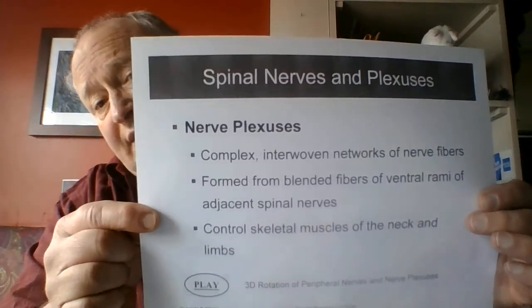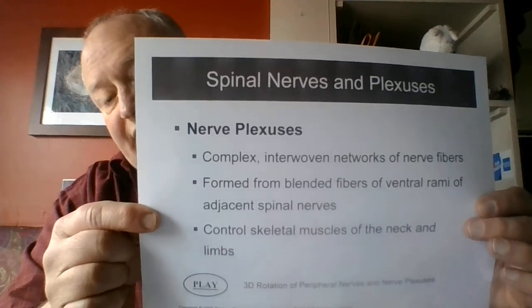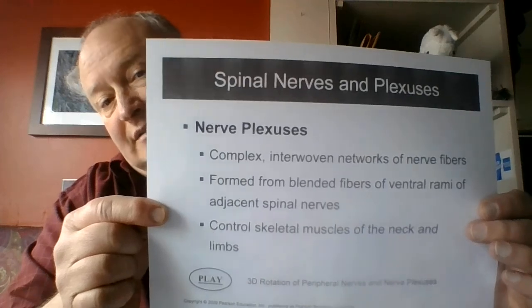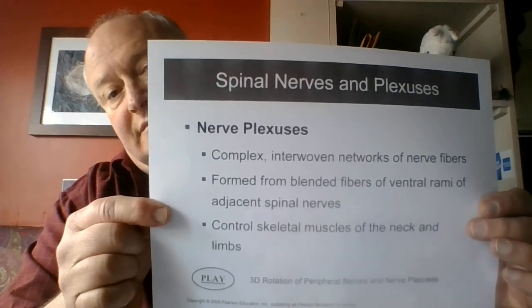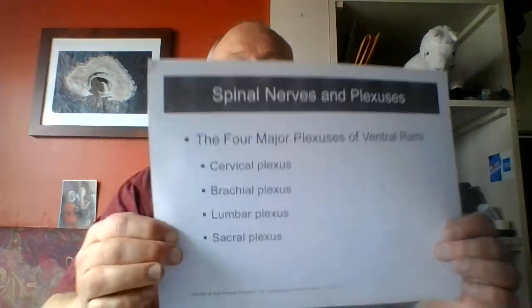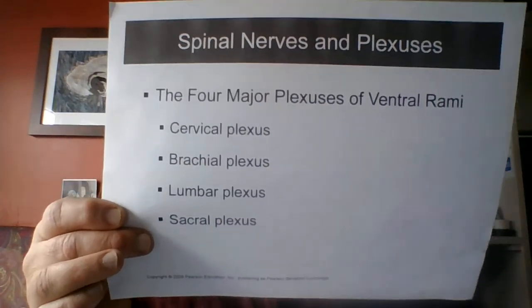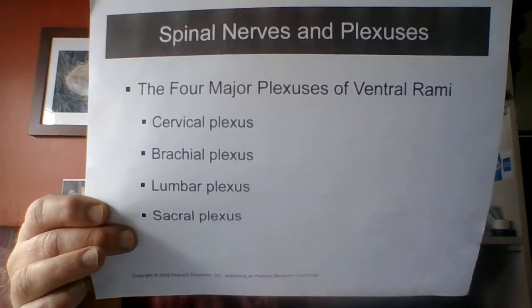So afferent means sensory information coming in. Efferent means going out. Okay, again, some of the major plexus are cervical, brachial, lumbar, and sacral. So let's talk a little bit about those.